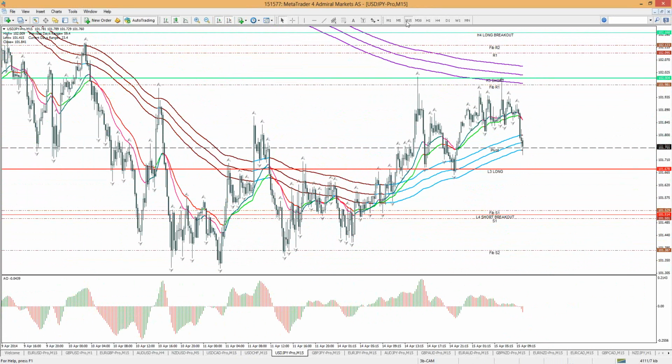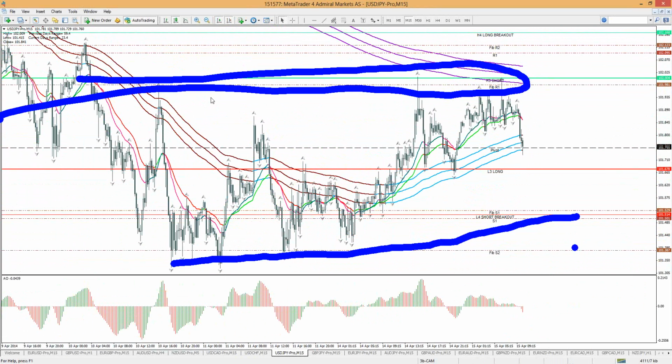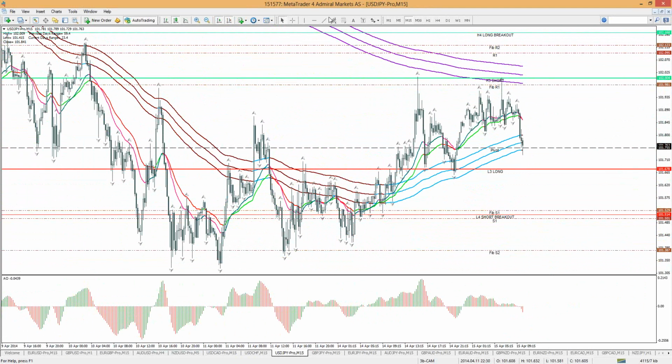Let's see. It was close to resistance. Probably would have to make a move down to this support level, down to the L4, S1 here. That could be a bouncing spot.